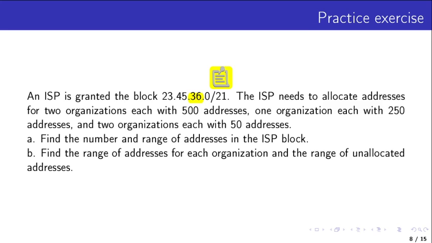Who responded? Sanjana, right? Fine. Then for 250 we can allocate 256. And for 50, how many should we give? 64, right? So you are going to do this problem.